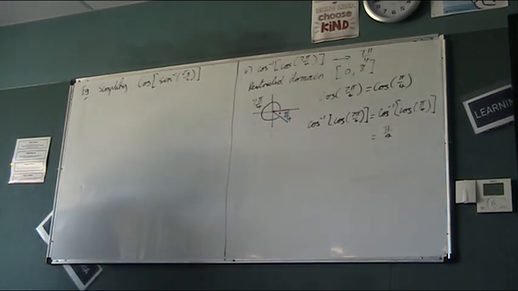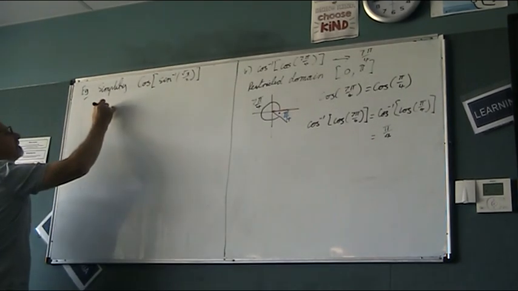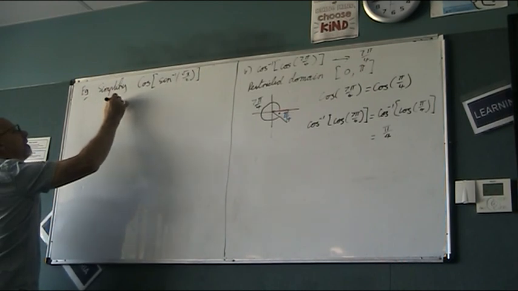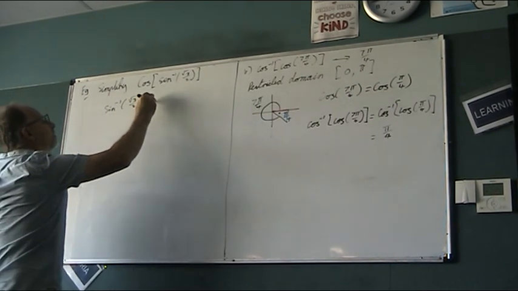So we'll work from brackets first. So sine minus 1 of root 3 on 2 is equal to what?